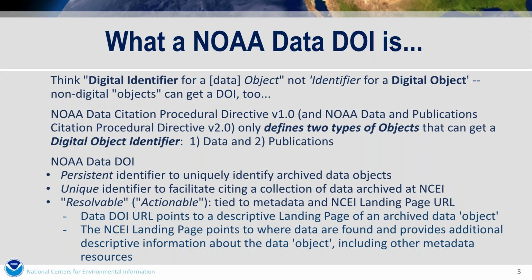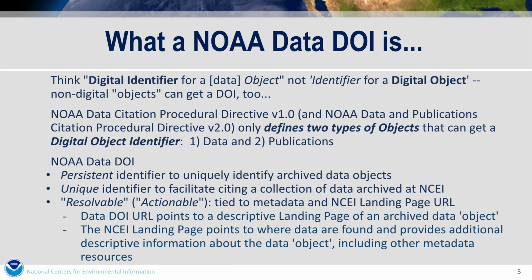So as was discussed last time and a little bit more today, we have the NOAA Data Citation Procedural Directive in its version 1 form, which covers both data and publication DOI information. There's a new version 2 of that that's nearly done and ready for public consumption.